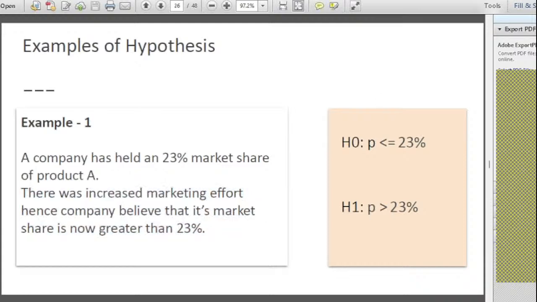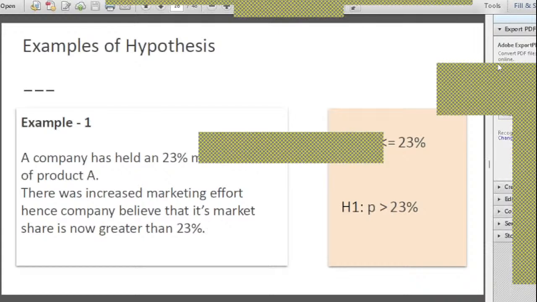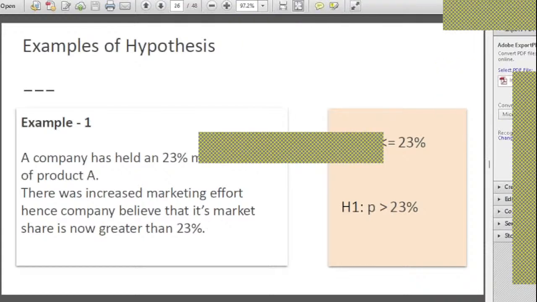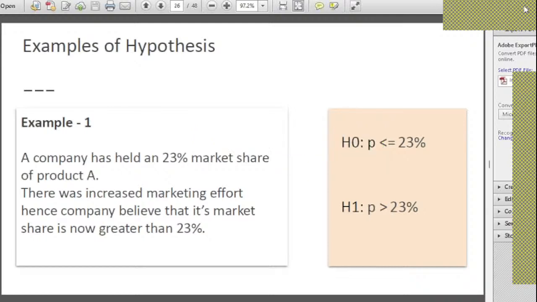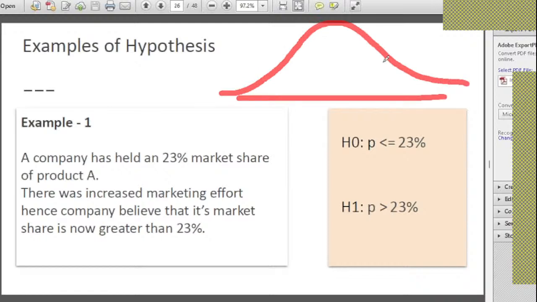So can you tell me on which side of 23 I am going to test my claim?